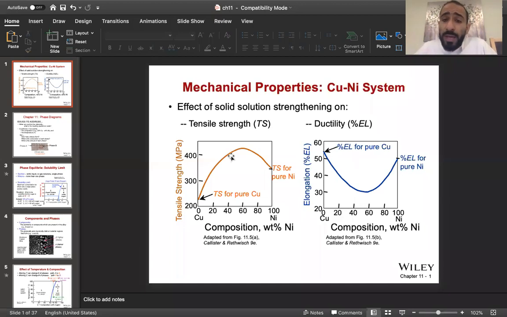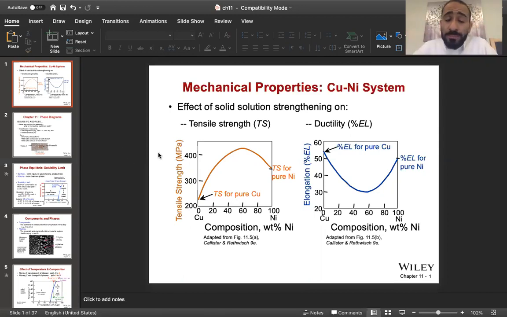But the question that we have now, at 60% nickel and 40% copper, is: at different temperatures, are we going to have a liquid phase or a solid phase, or maybe a mix of solid and liquid? Because we know that copper has a different melting temperature than nickel. So what's going to happen if you start to heat up the alloy?